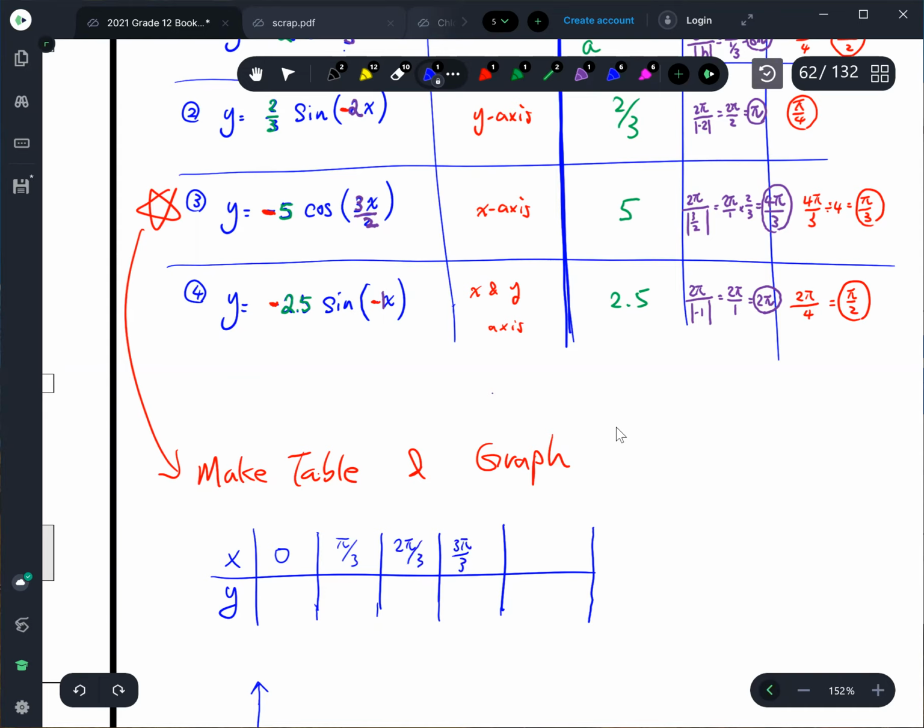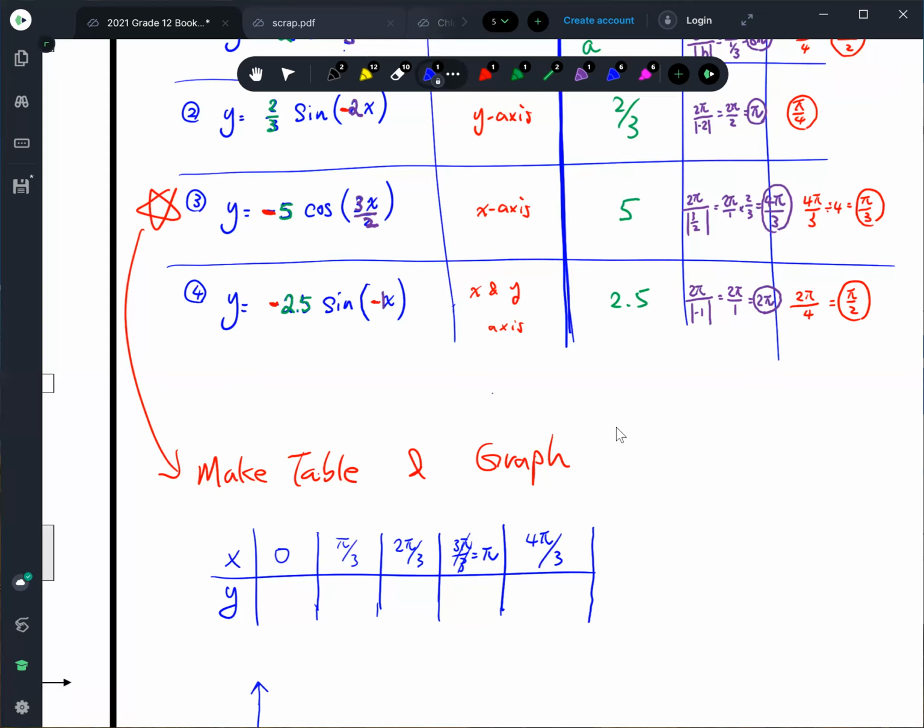But don't leave it like that. Make sure you use pi and reduce it. 3 pi over 3, 4 pi over 3. So you keep on adding pi over 3, but if it's possible to reduce your fraction, please reduce that.